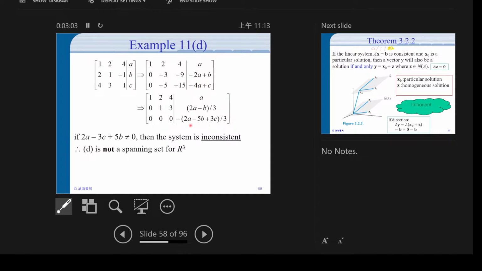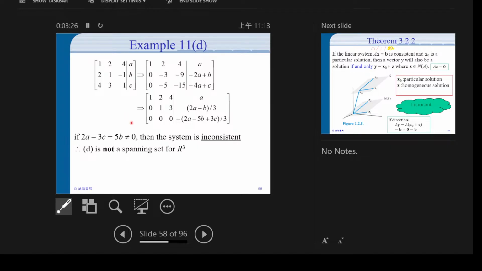And this something is really arbitrary. It's some function of a, b, c, and for some a, b, c this is not 0, then we have 0 equal to not 0, which cannot be satisfied. So this system is inconsistent when we have 2a minus 3c plus 5b not equal to 0.